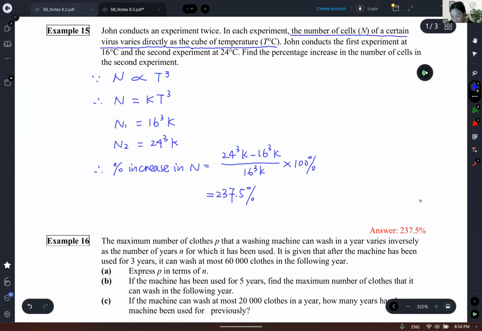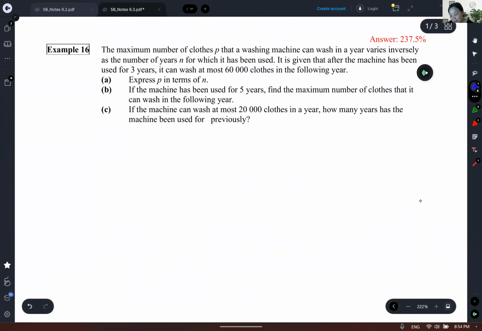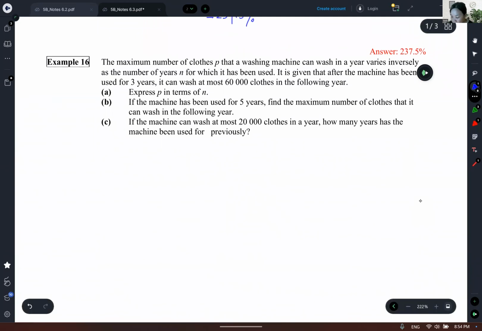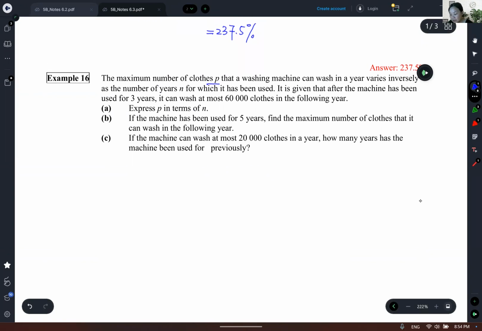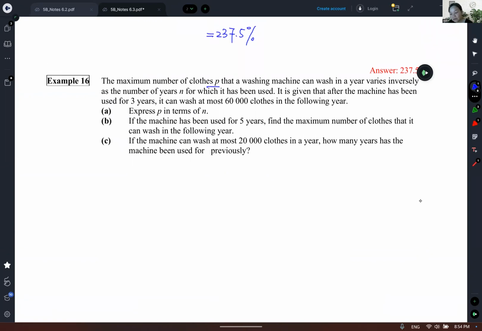Example 60. The maximum number of clothes, P, that our washing machine can wash in a year varies inversely as the number of years N for which it has been used. If you need to read it twice, it's okay.